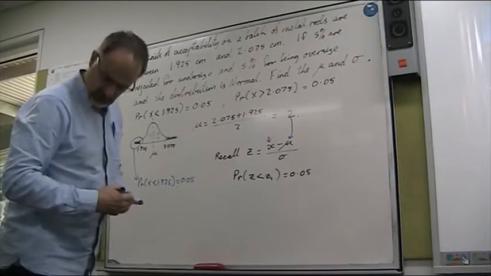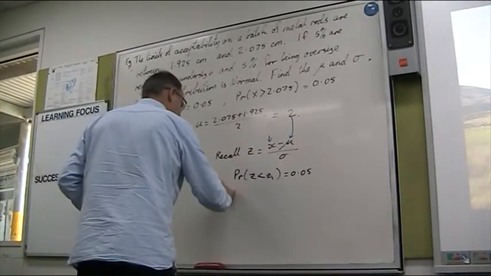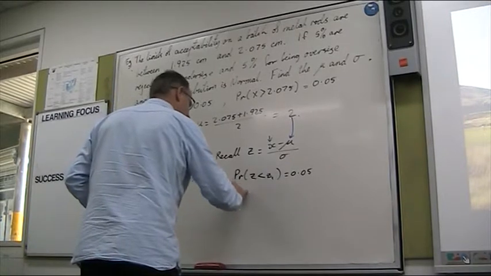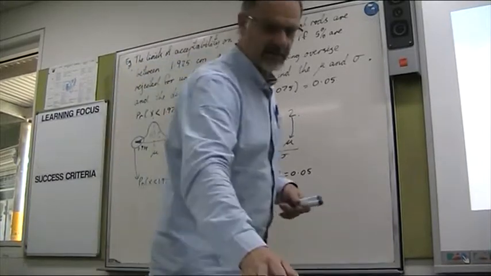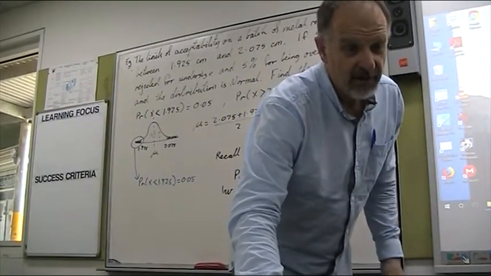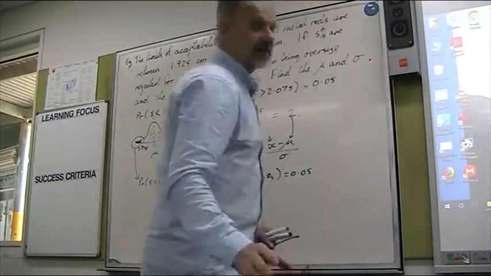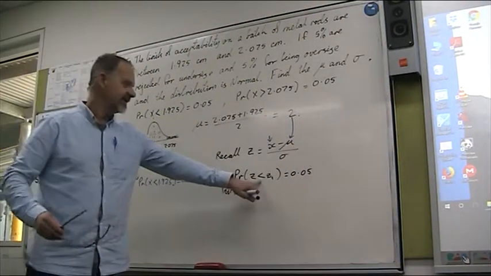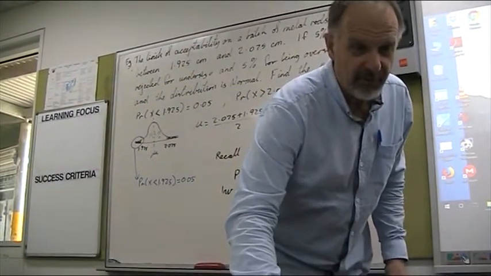So if I use the inverse normal on that, let's go back to our inverse normal. Tail setting against less than, so to the left. Probability 0.05.